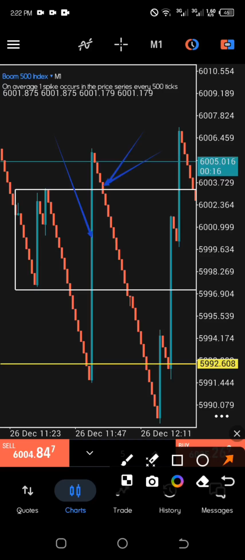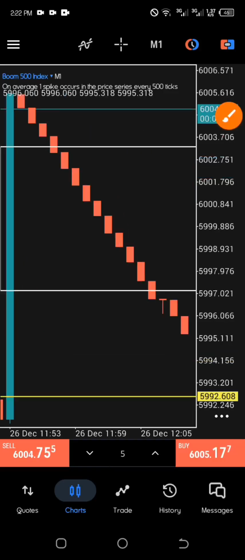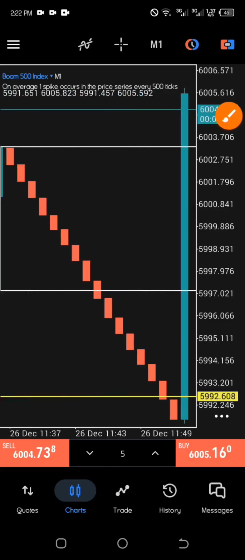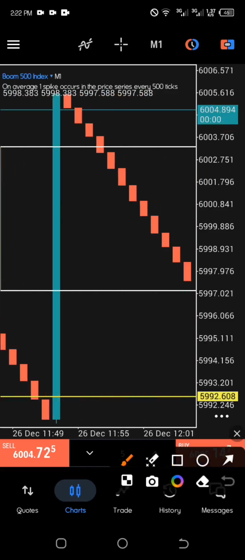After that candle, we wait for this candle to show us clearly that the price is already selling, which is this candle right here. Let me zoom so you can see it. After this candle, we enter for a sell with this candle.